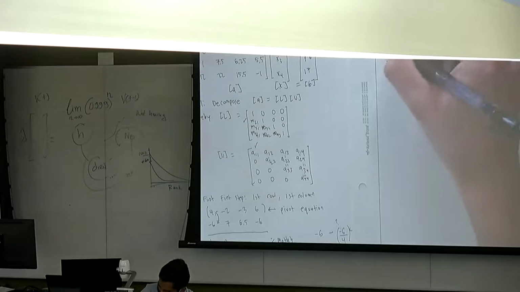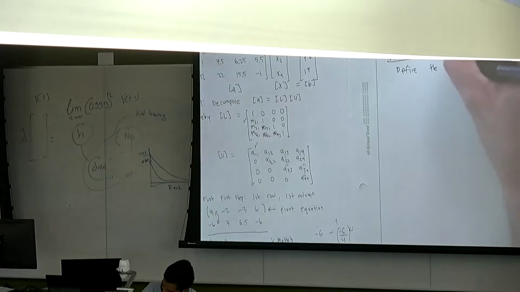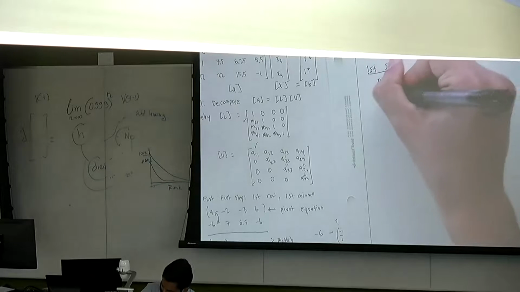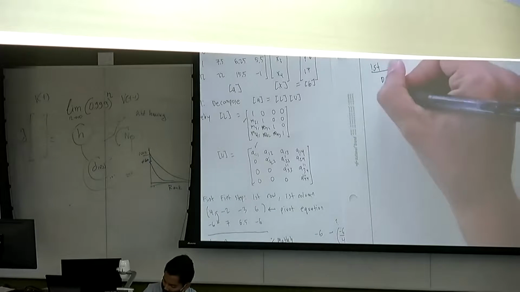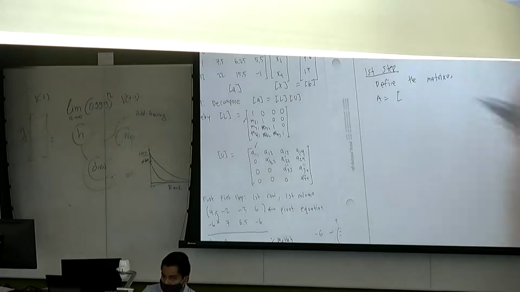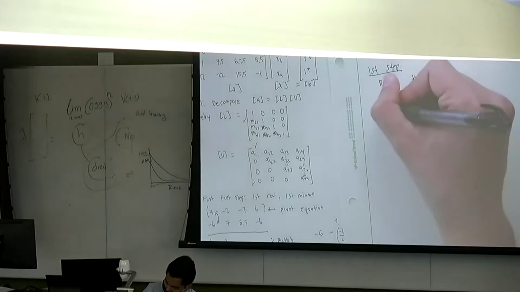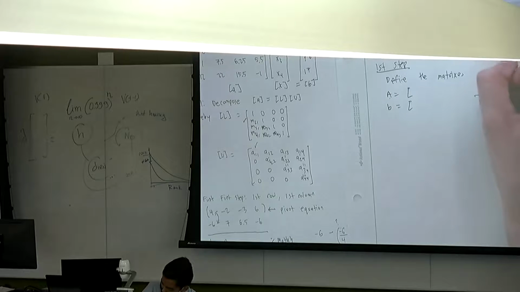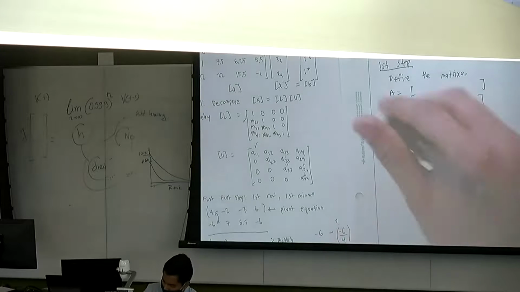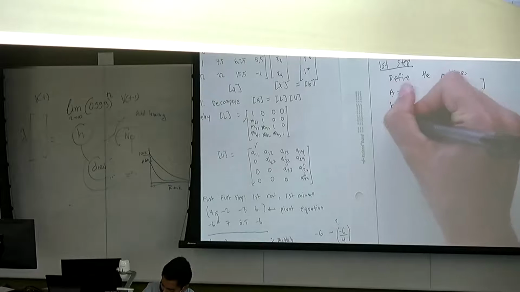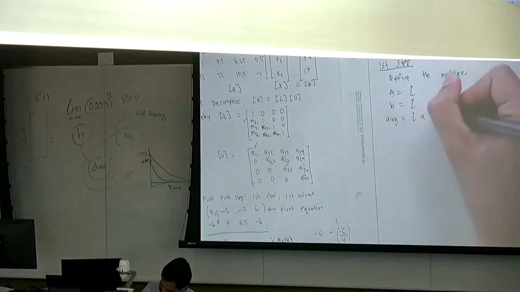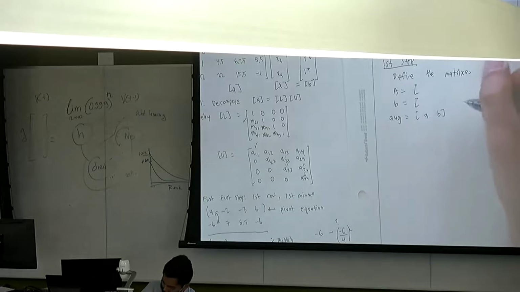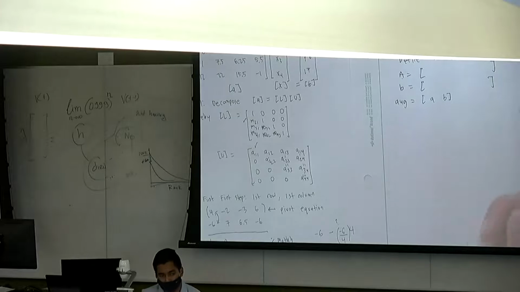Yeah, first let's define the matrices. So we have A equals that. Make sure you're careful with your capitals. And then B is whatever, right? And then if we want, we can define the augmented matrix, AB.